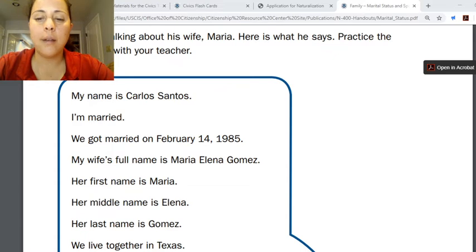This is good practice because the officer will ask you questions about your current spouse. Remember, what does spouse mean? Spouse means your husband or wife. Current means right now, present. Her first name is Maria.